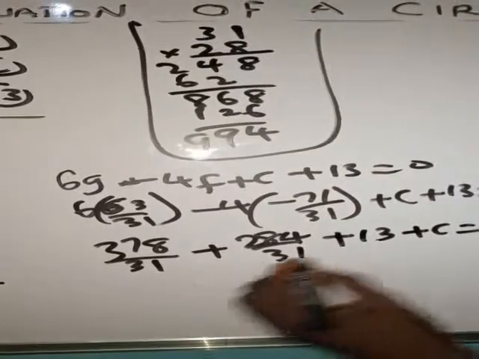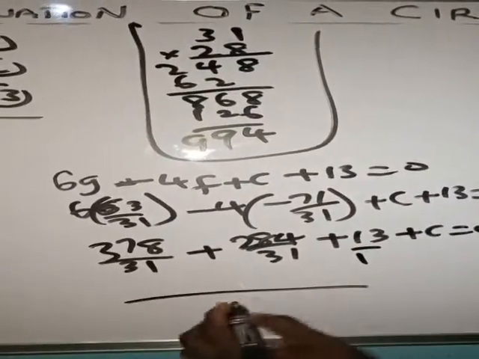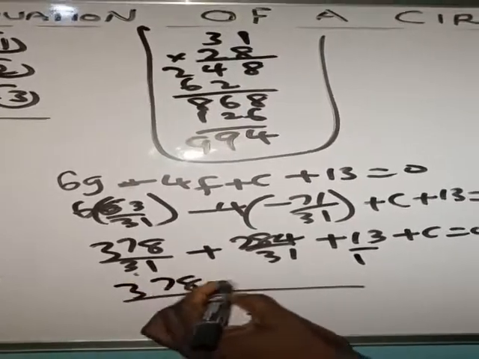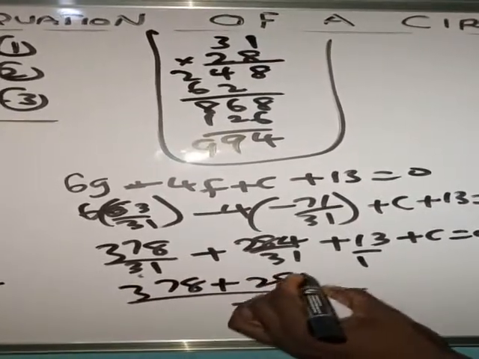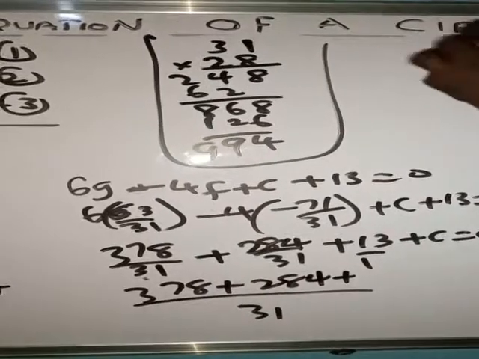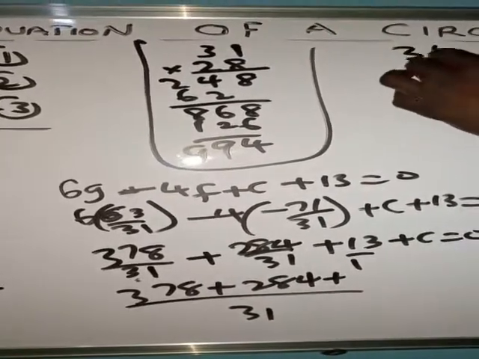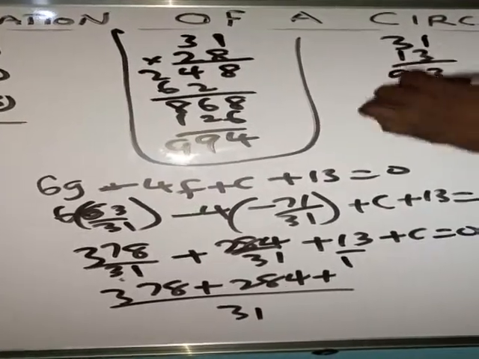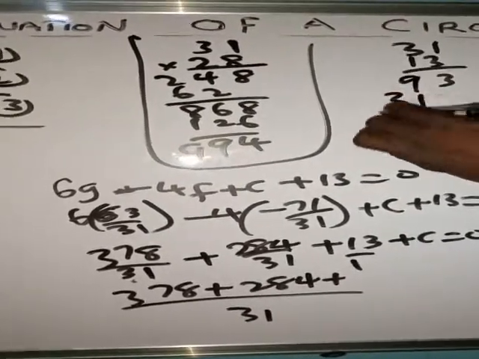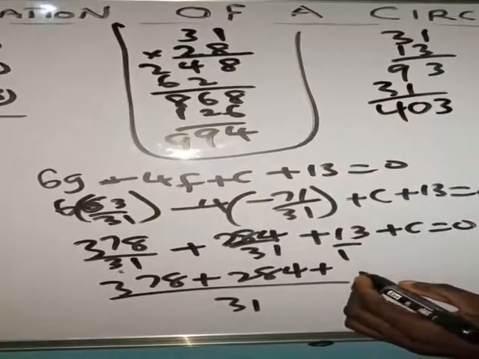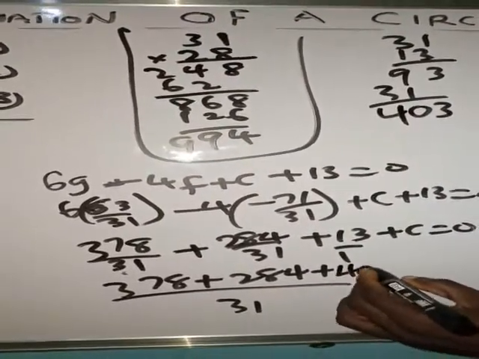Now the LCM here is 31. 31 over 1 times this 378, plus 284, plus 31 times 13. 31 times 13: 3 times 1, 3, 3 times 3, 9, 1 times 1, 1, 1 times 3, 3. That's 403.